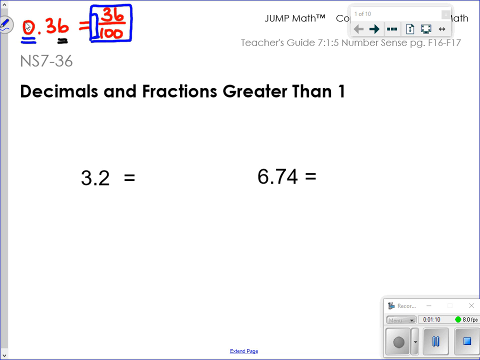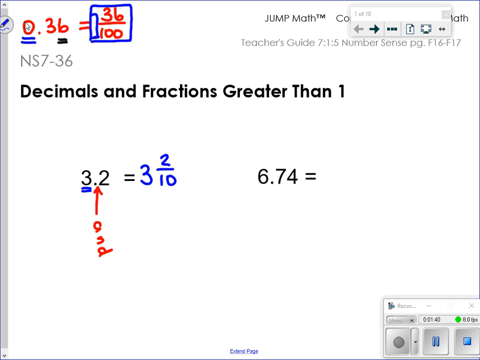Have a look at these two examples here, 3.2 and 6.74. Okay, I can write this 3.2 as, this means I have 3 wholes, and my decimal is the "and", so this is 3 and 2/10.